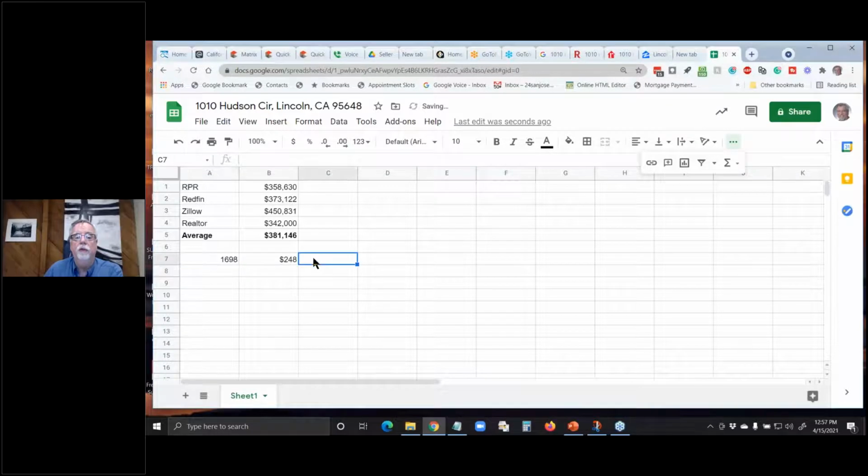So this number equals that number times that number, and 421 is what we get at the average dollars per square foot that people have been getting for condos or townhomes in Lincoln.